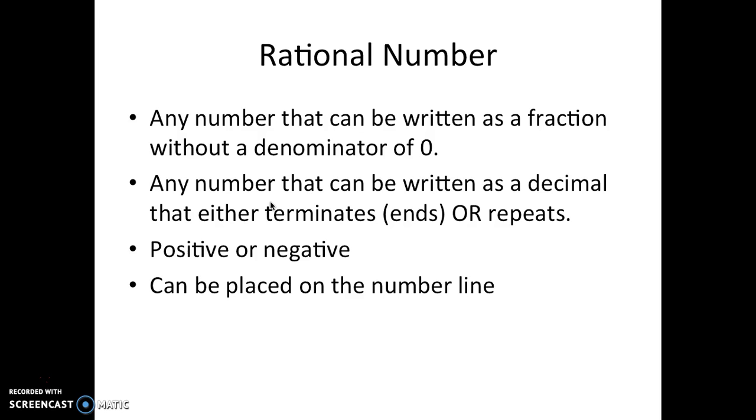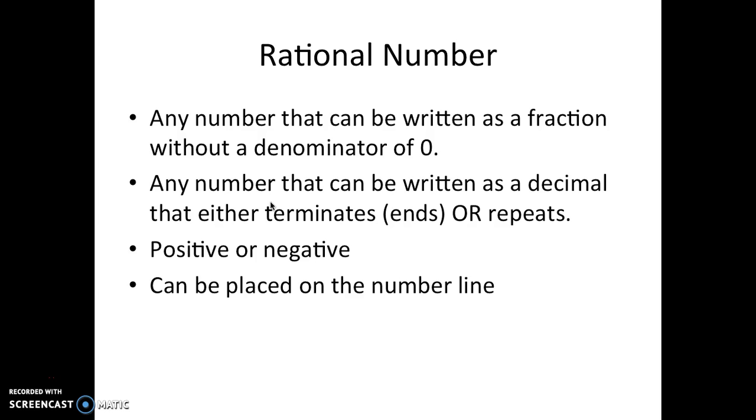Another way to think about it is a rational number is any number that can be written as a decimal that either terminates, which means ends, or repeats. So the decimal might end, or it could repeat and go on forever. Now, repeating decimals can be terminating decimals as well.